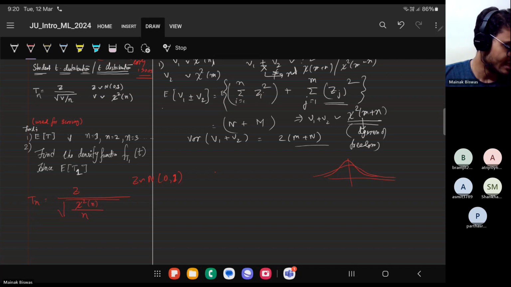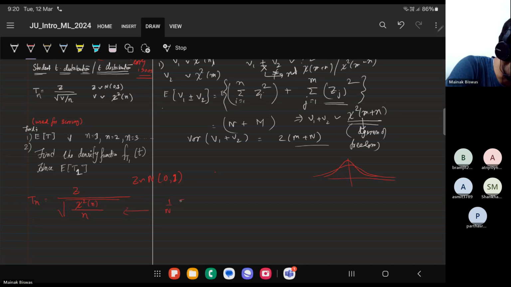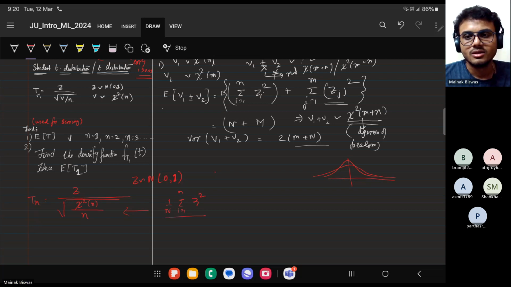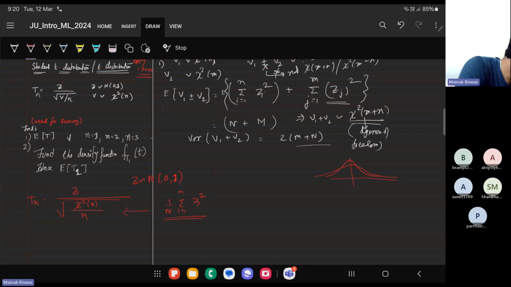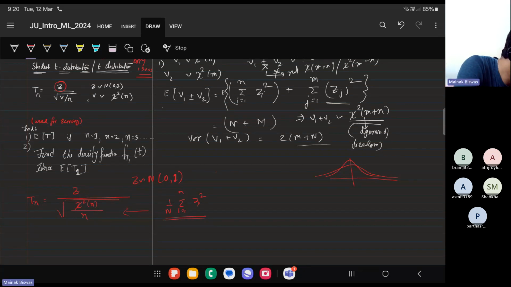Your denominator is the average of chi-squares, to put it correctly: 1 by n times the summation of i equal to 1 to n of Z_i squared. Clear, everyone? As per the definition, the student distribution is a single normal divided by the root of the average of squares of multiple normals, and each of these is IID, as is the case for chi-square.